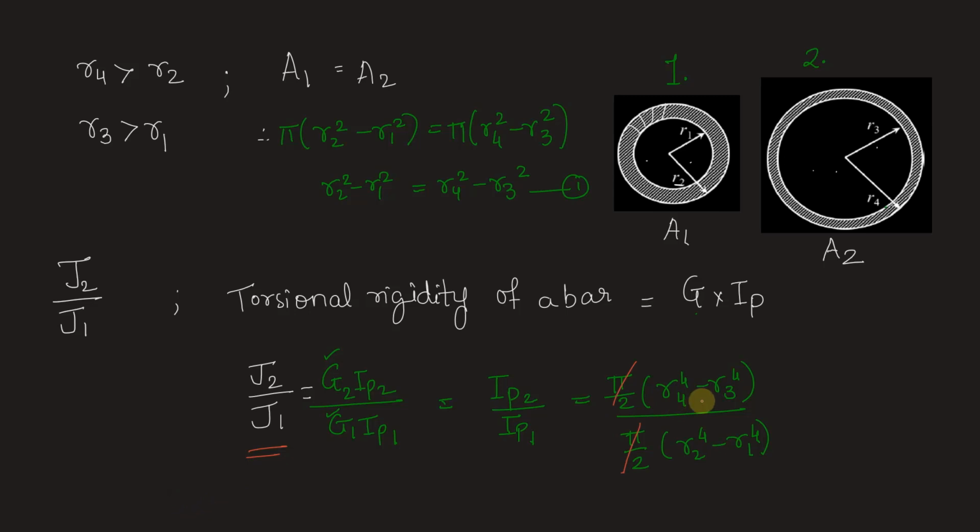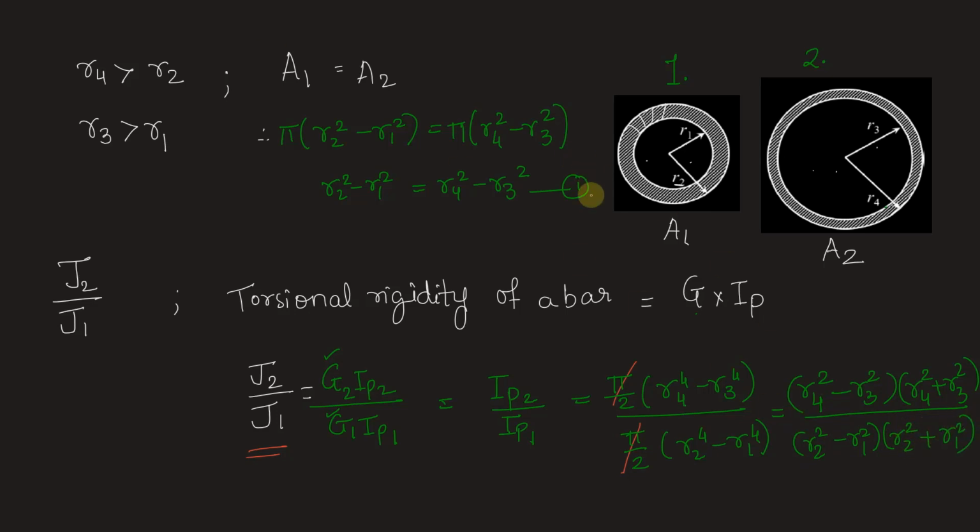So let's use the formula a square minus b square here. So we can separate out the terms. We have R4 square minus R3 square into R4 square plus R3 square divided by, same in the denominator, R2 square minus R1 square into R2 square plus R1 square.